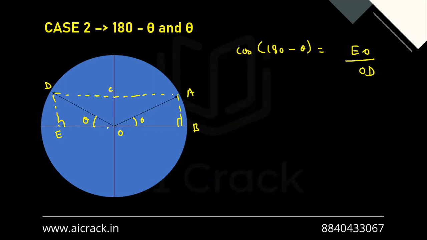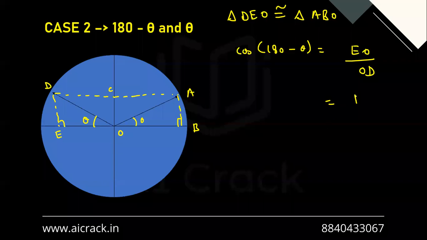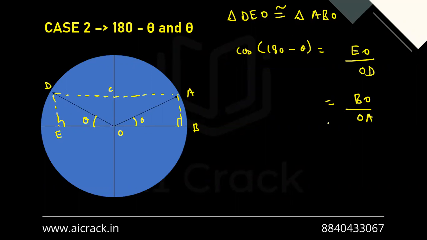So again, by the AAS property, triangle DEO is congruent to triangle ABO, right? So I'll write it over here: triangle DEO is congruent to triangle ABO. Now EO is nothing but BO, right? BO by OD is nothing but BO by OA according to congruency.